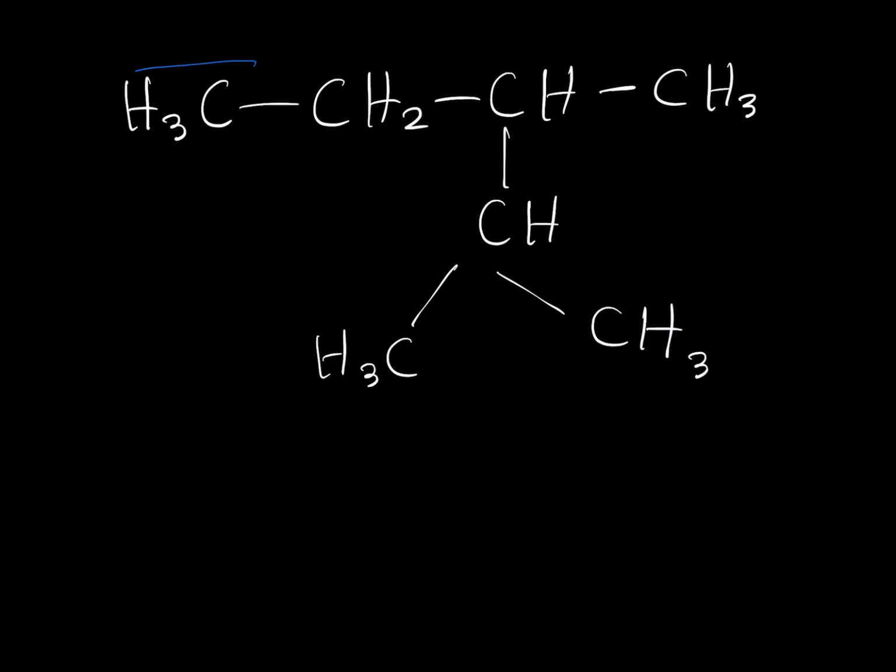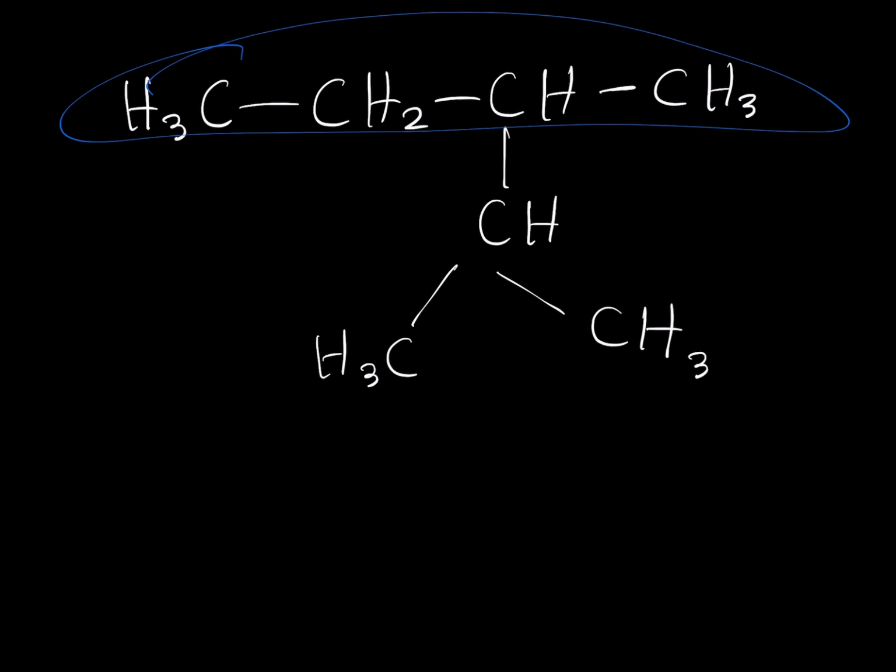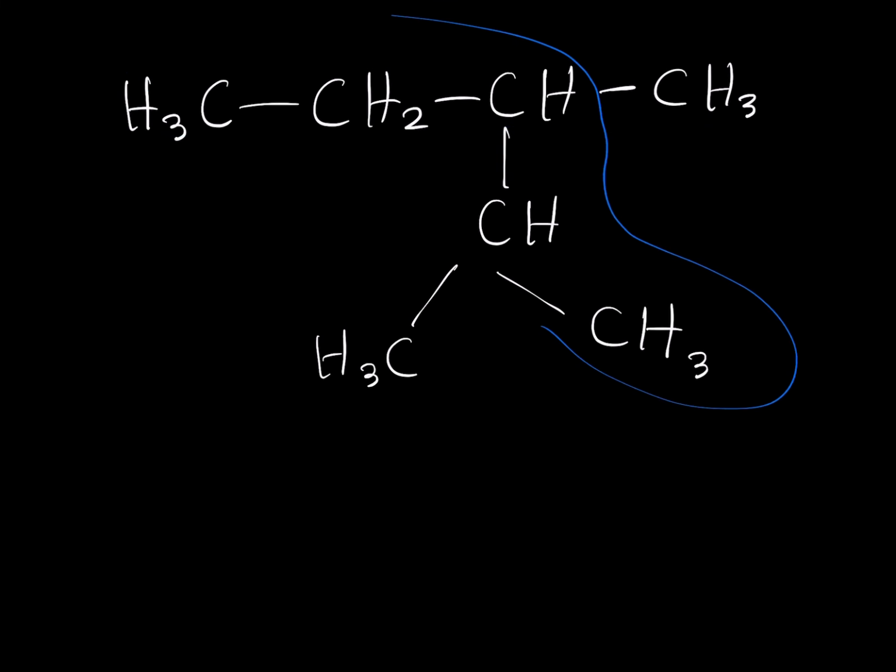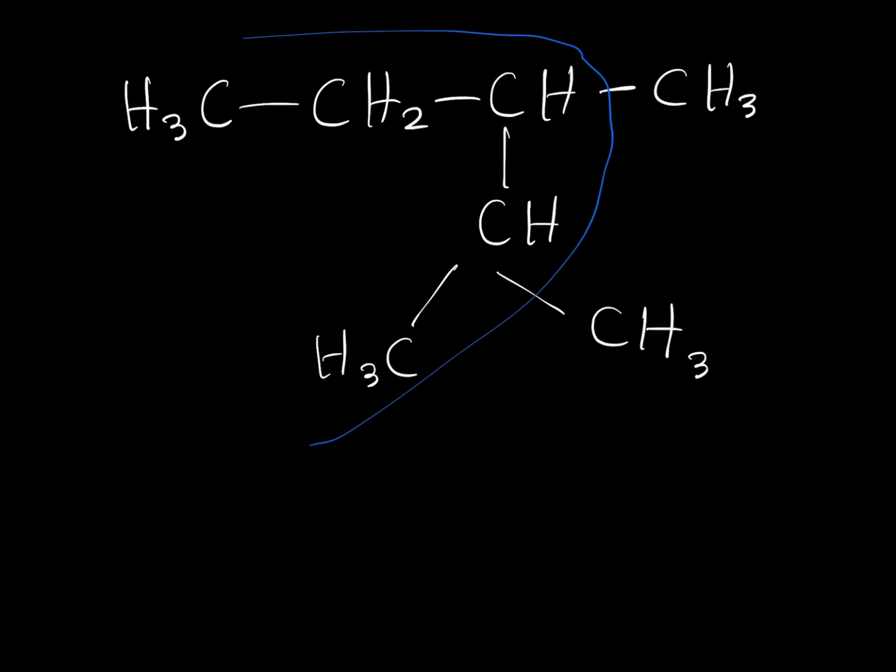So you're going to start right here, and if you go like that, you have 4 carbons. But if you go like this, you have 5 carbons. So that's how we're going to count the longest chain. You could do it this way as well, and you get the exact same outcome. But let's go with this approach.